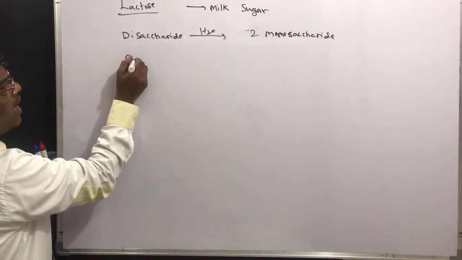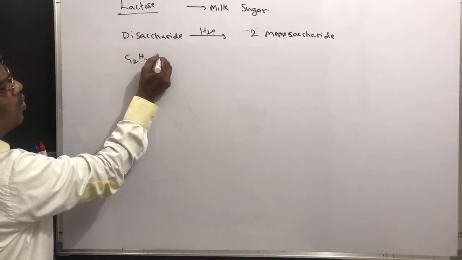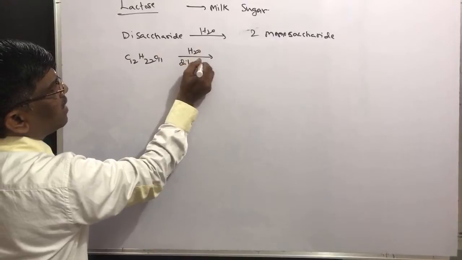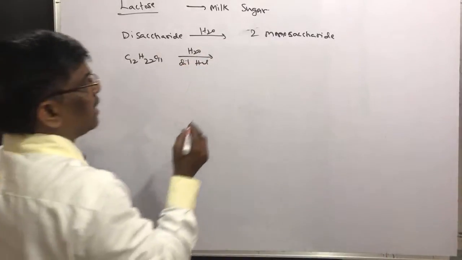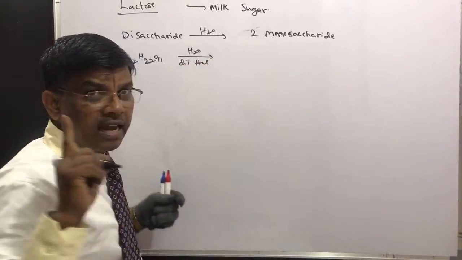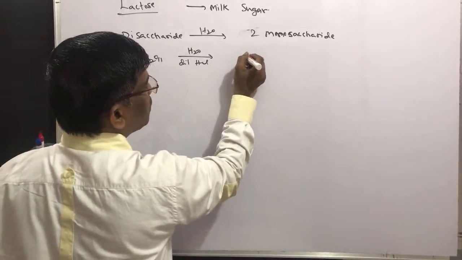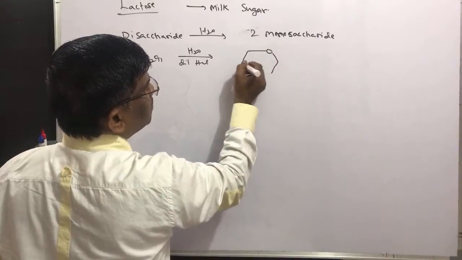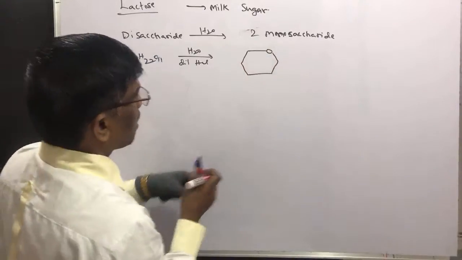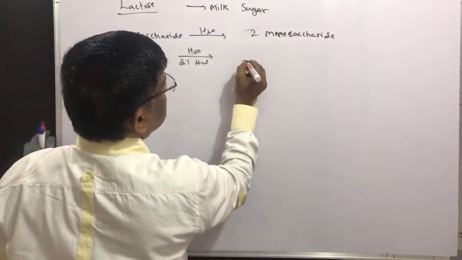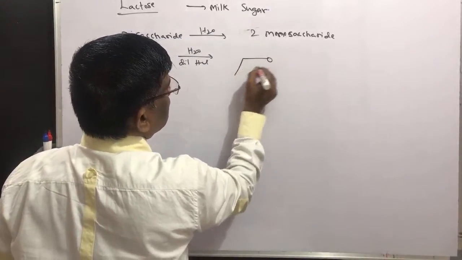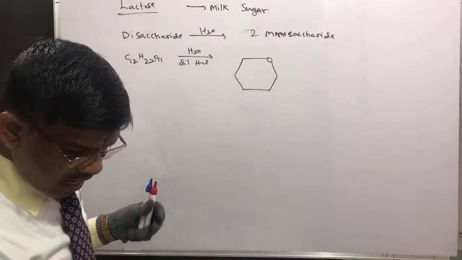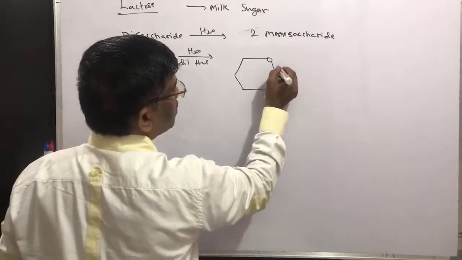Lactose is C12H22O11. Upon hydrolysis with dilute HCl, it gives galactose. What is the galactose? Beta D galactose.